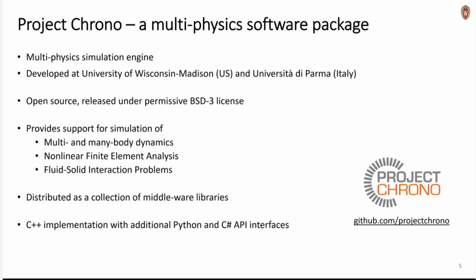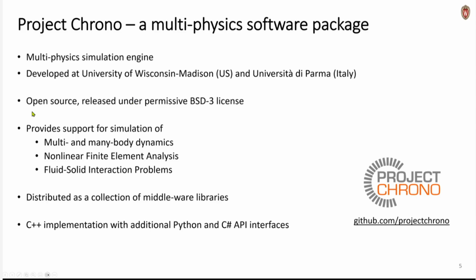All right, so what is Project Chrono? Project Chrono is a set of libraries for multiphysics simulation. It's developed together by us at the University of Wisconsin-Madison in the United States with our colleagues from Università di Parma in Italy. It's been around for quite a while, probably 30 years, almost as long as I've been in this field.